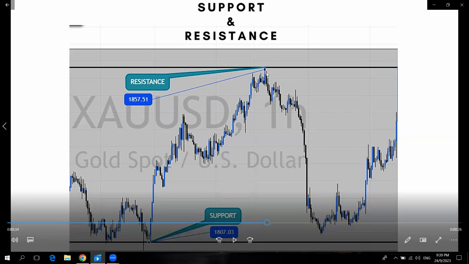That is where we call it resistance. Vice versa for support. Let's say the price has gone to that area, but cannot go lower than that particular price. That is what we call a support.